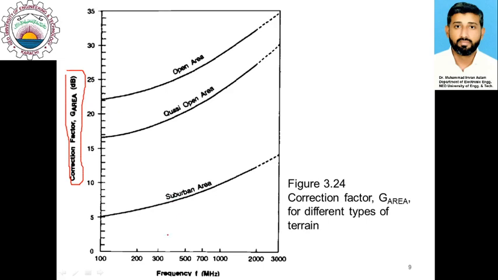For example, to find the correction factor for a suburban area at 200 megahertz, I can draw a line here, and you can see the correction factor would be around 6 decibels. You can read it from this vertical axis. In this way, this curve can be used to find the correction required when working in any environment other than the urban area.